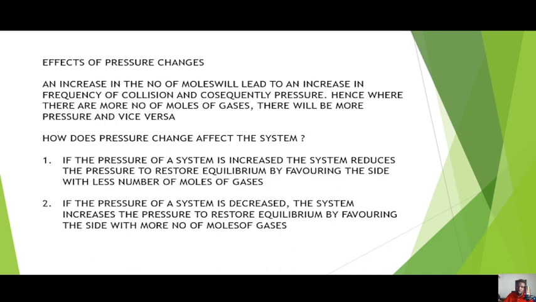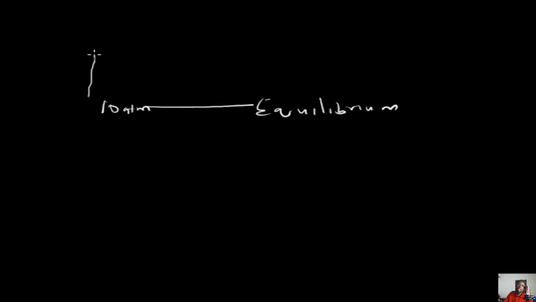Before we come to this particular note, I would like to say something. Let's go to our board, because this is a very important thing to take note of. If, for instance, the initial pressure of a system used to be 10 atm, and this is when the system is in equilibrium, and for some reason I decided to increase the pressure from 10 to 20, what will the system do?